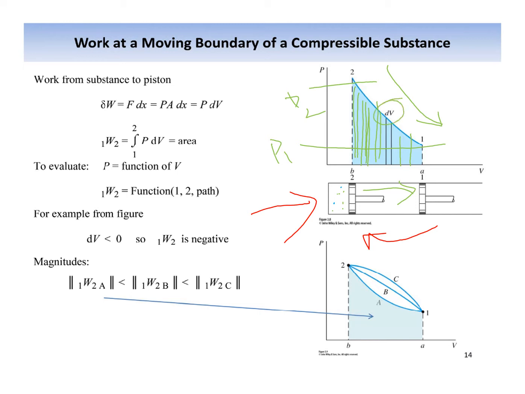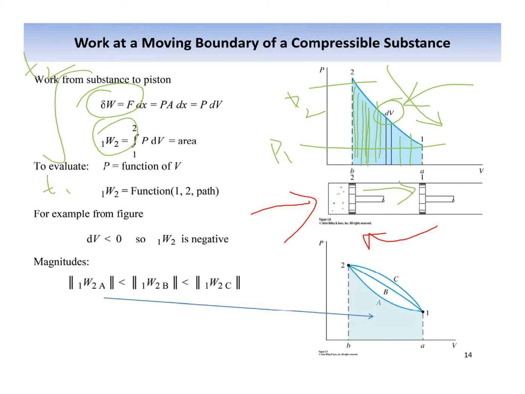Then we take the differential change in volume during an instant and multiply it with the instantaneous pressure, and we come to know the differential work. If we integrate from T1 to T2 during this process, we can find the work from 1 to 2.